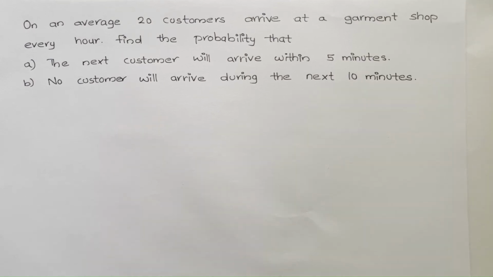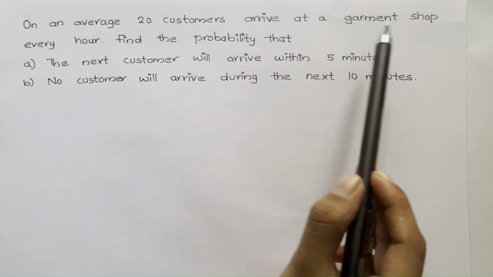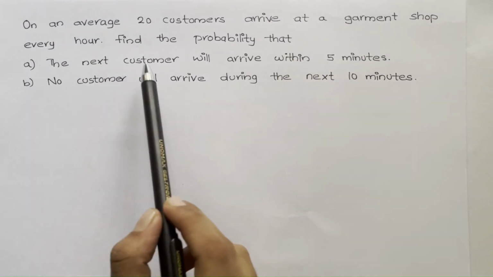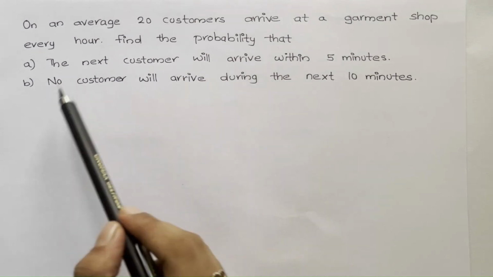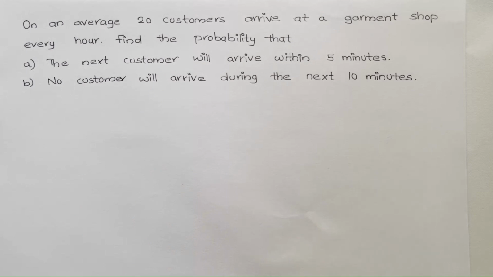Let's solve a problem using exponential distribution. The question is, on an average, 20 customers arrive at a garment shop every hour. Find the probability that the next customer will arrive within 5 minutes and the probability that no customer will arrive during the next 10 minutes.